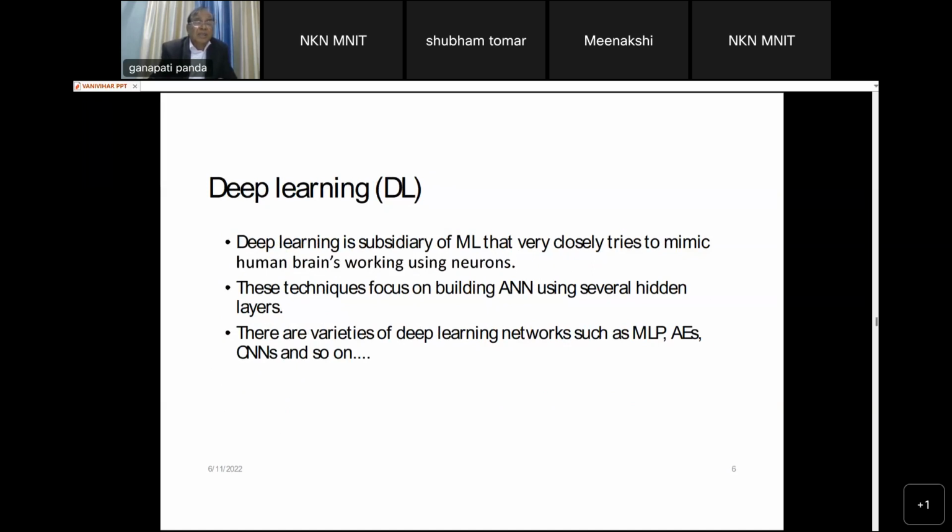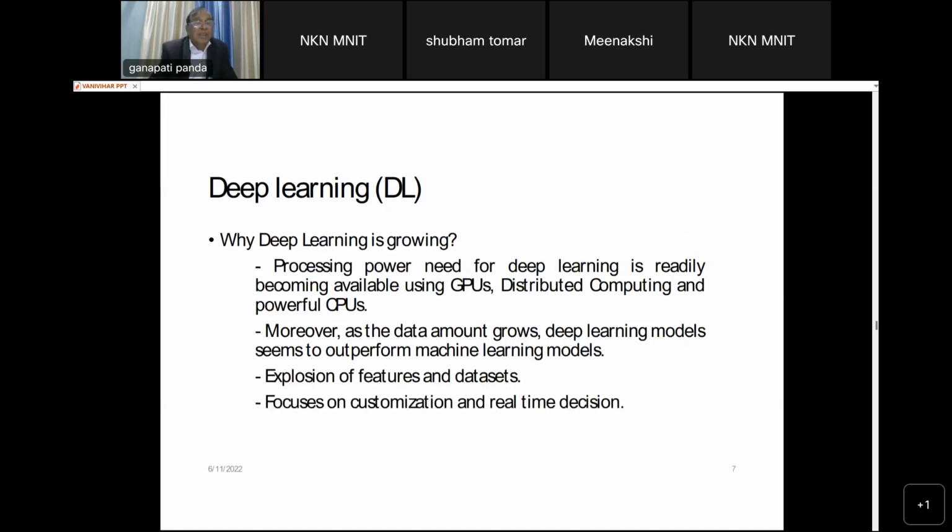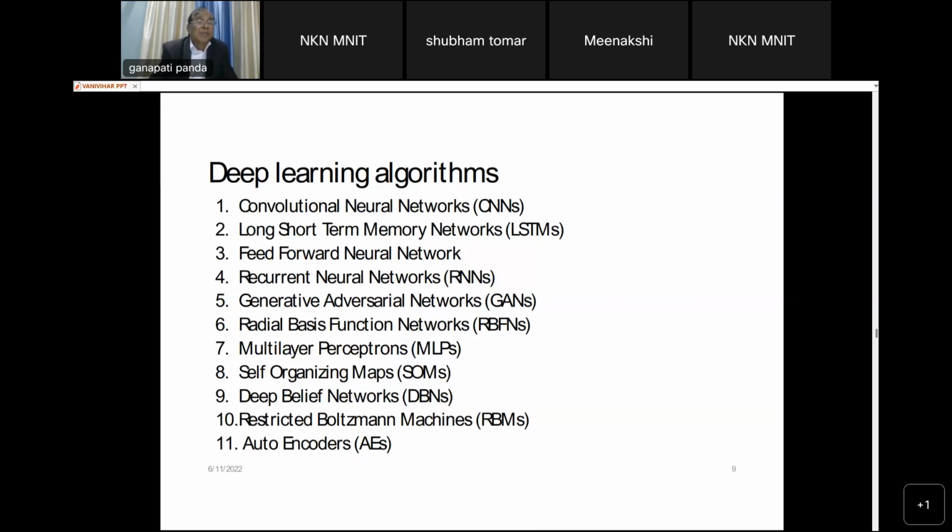First you make some rough decision, then an improved decision, and finally you get the most accurate decision. There are about 15 such deep learning algorithms. I have listed here, it is an old slide, 11.